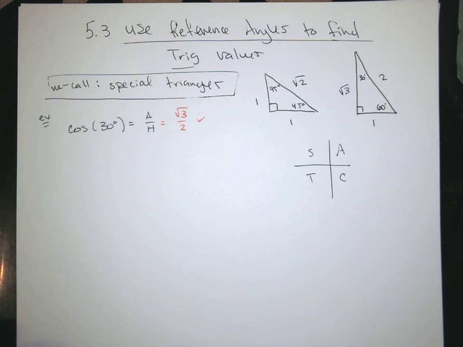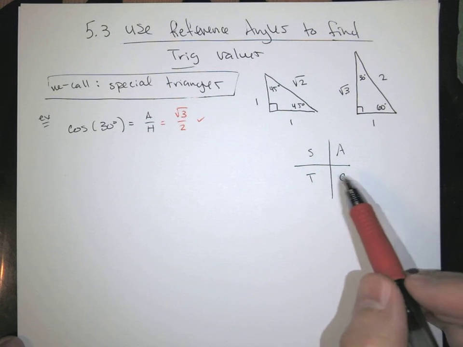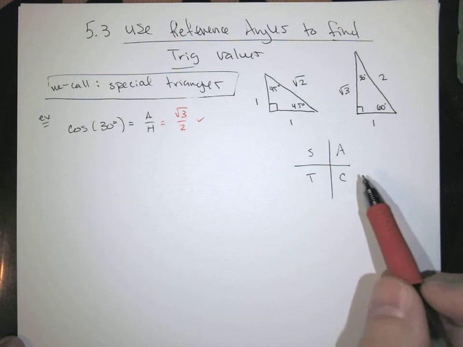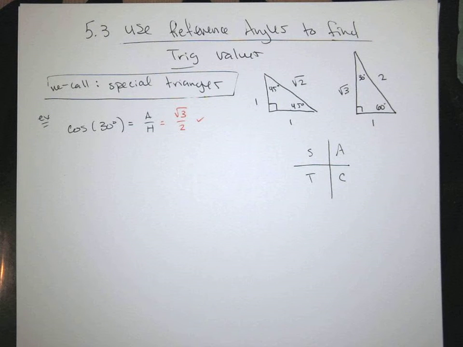So what we're going to do is leverage that. We'll use the signs in each of these quadrants, this sort of a smart trig class, a special trig class, to figure out the sign, positive or negative, of the value, where each of these trig functions should be positive or negative.